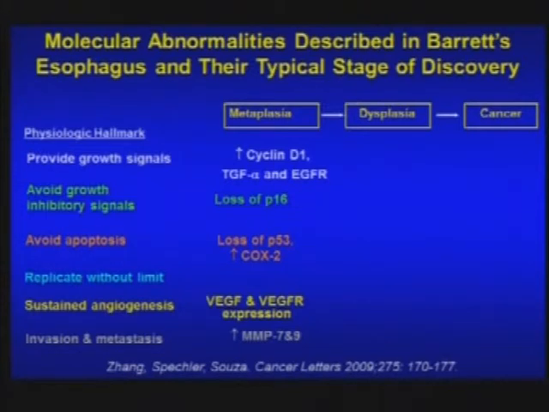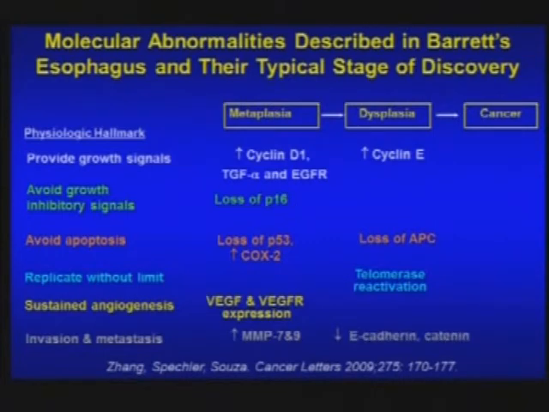When we have a cell that the pathologist says to us is dysplasia, in fact, those cells have an additional increase in cyclin E expression. There's loss of APC. Telomerase is often found to be activated in high-grade dysplasias. There's a decrease in E-cadherin and catenin staining at the surface of the cell.